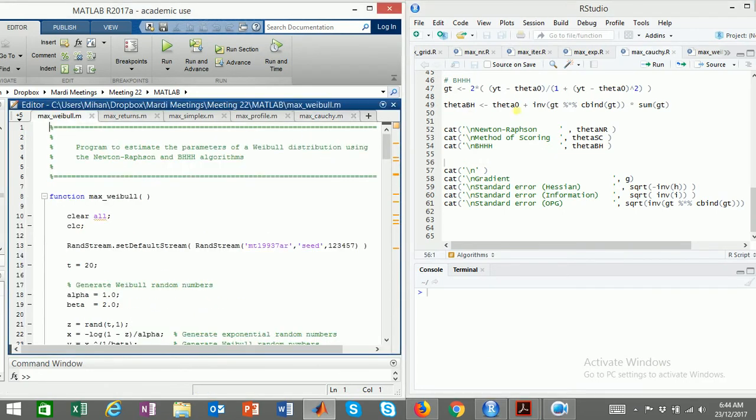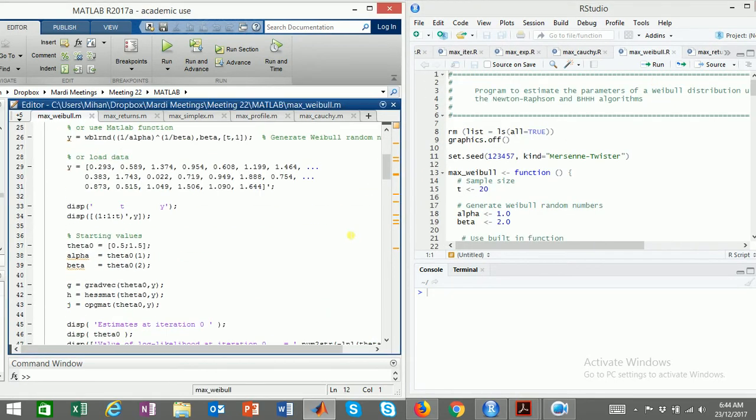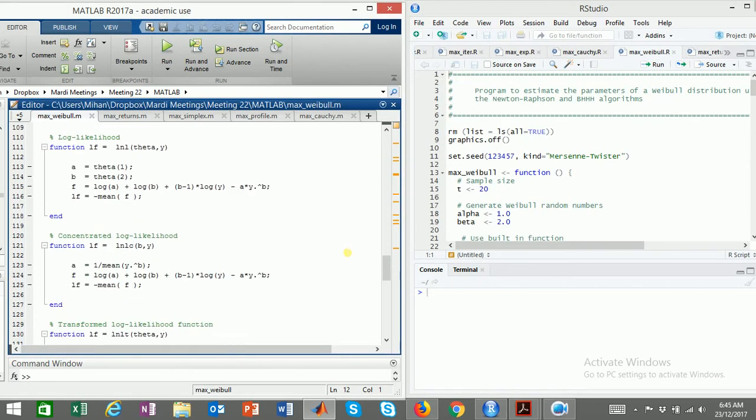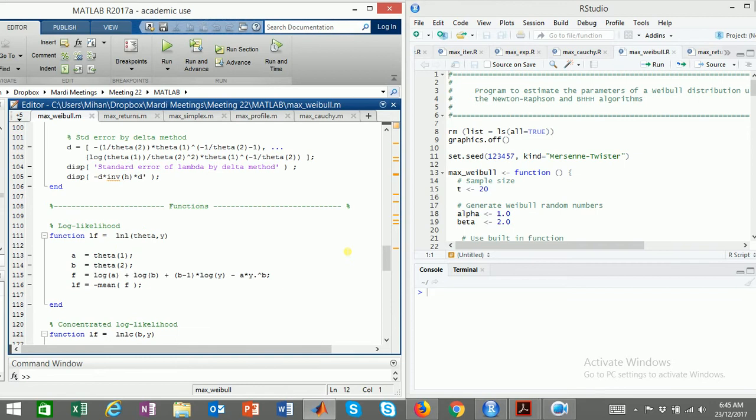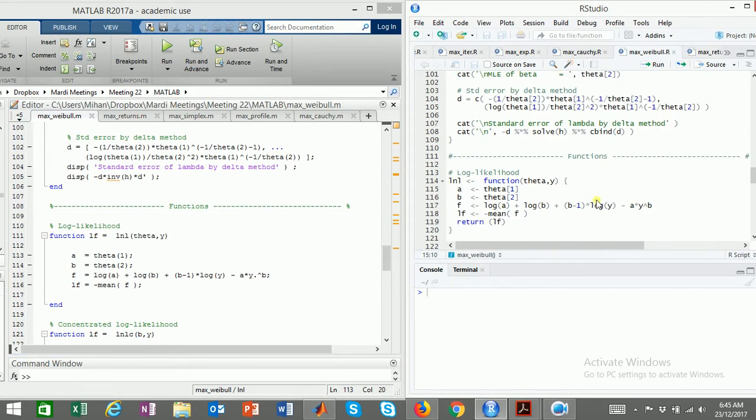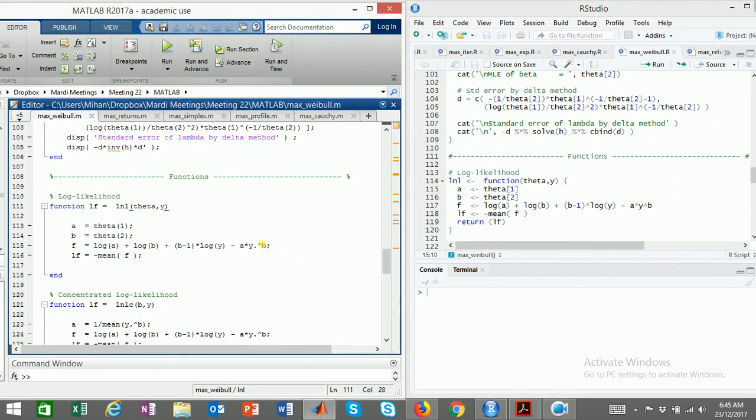In the Weibull distribution, given the information, for the first time we have local functions. So first define, always look into the local function. The function is the log likelihood function, and my inputs are theta and y.